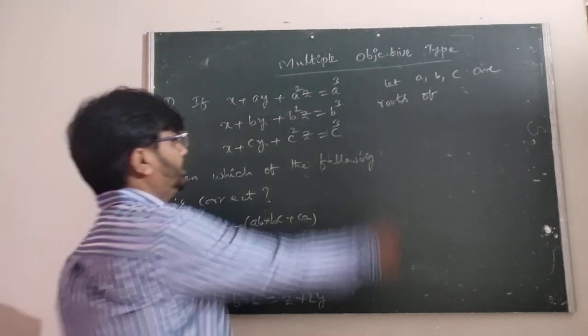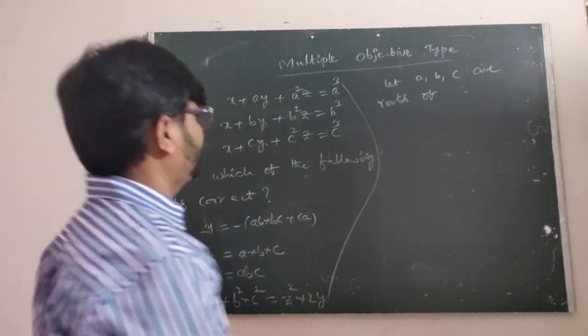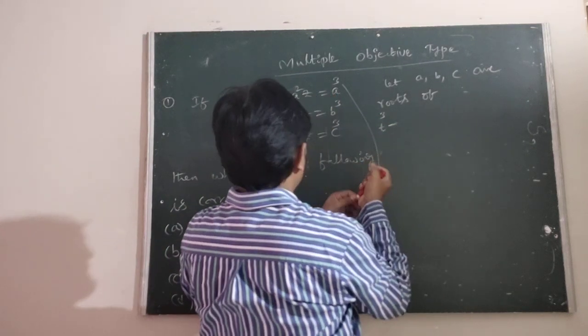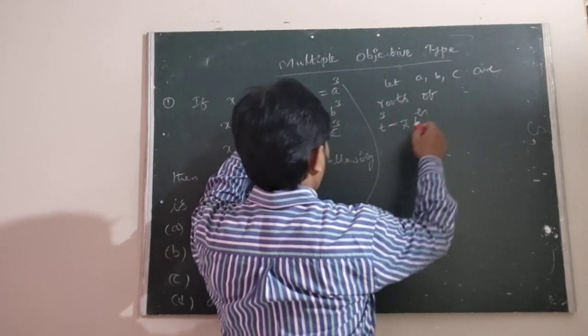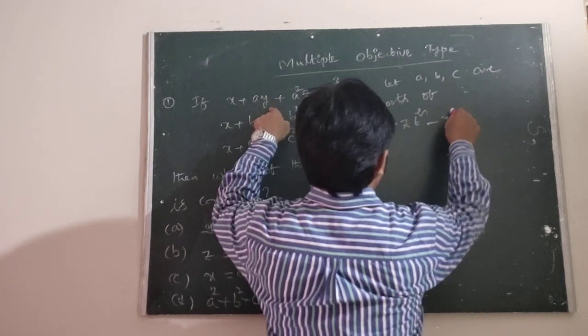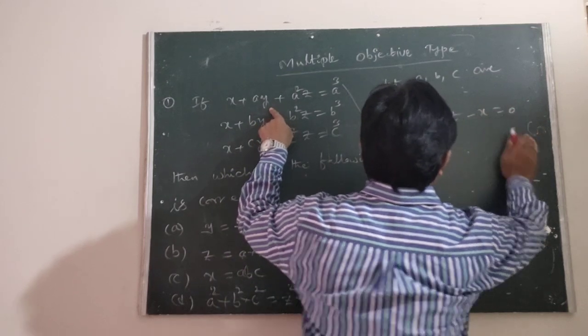Now let a, b, c be the roots of, you can simply write, t cube minus z into t square minus y into t minus x equal to 0.